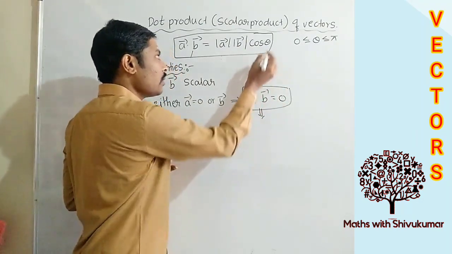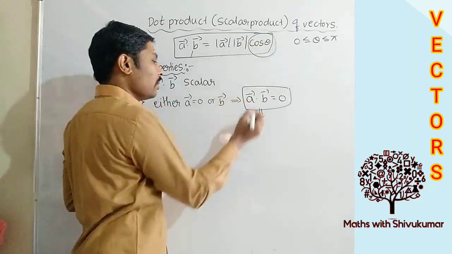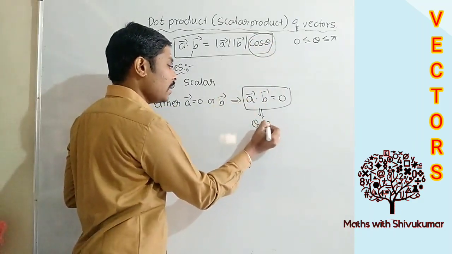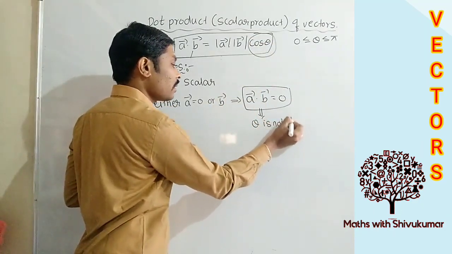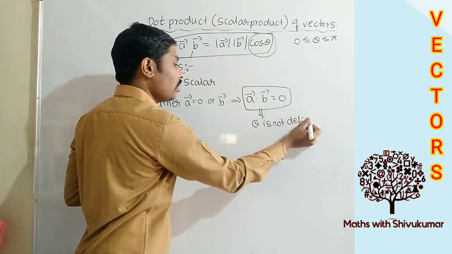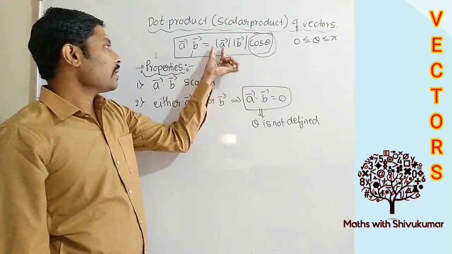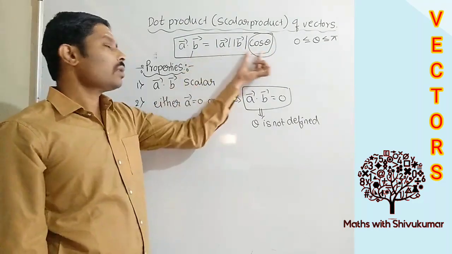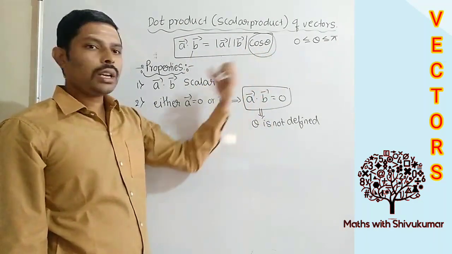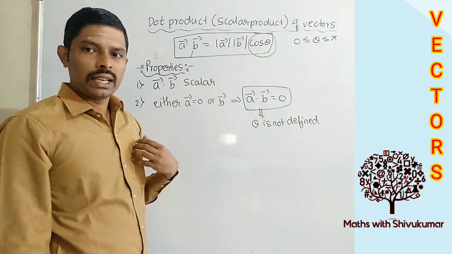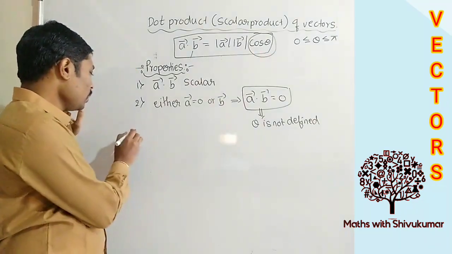In this case, what is the value of theta? In this case, theta is not defined. Yes or no? Because we don't know theta. Either one is equal to 0, and the answer we are getting is 0 only. So theta is not defined. Yes.